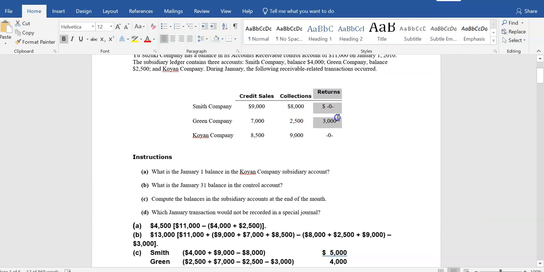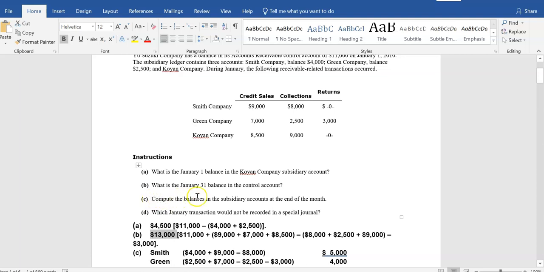There were $3,000 in returns, meaning we would have decreased accounts receivable for the inventory returned by the customer. Accounts receivable is increased by credit sales, decreased by cash collections, and decreased by the amount of customer returns. We know that accounts receivable must have had an ending balance at the end of January of $13,000 in the general ledger control account.